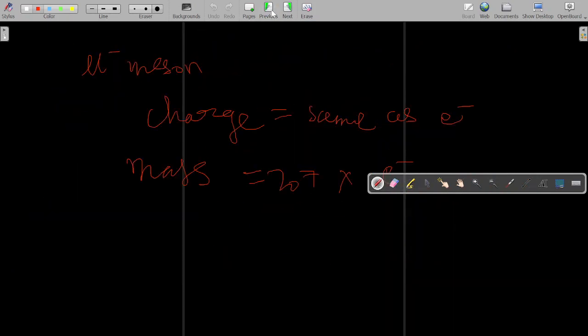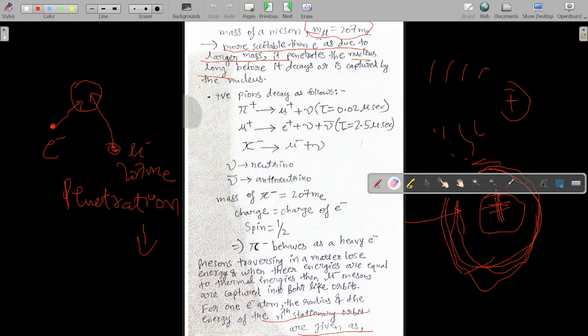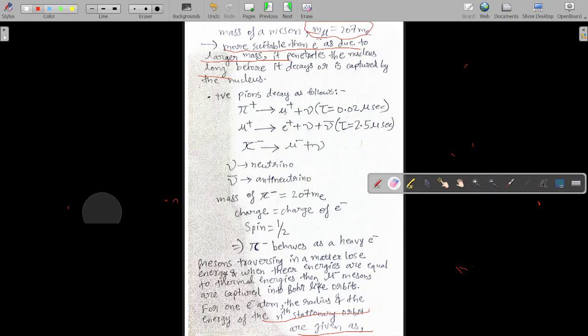Now we will learn about the equations which have been written over here. You can represent this muon as a pion. Originally it exists as a pion when you bombard it with the help of a cyclotron.